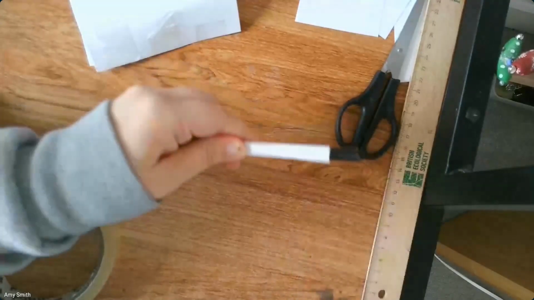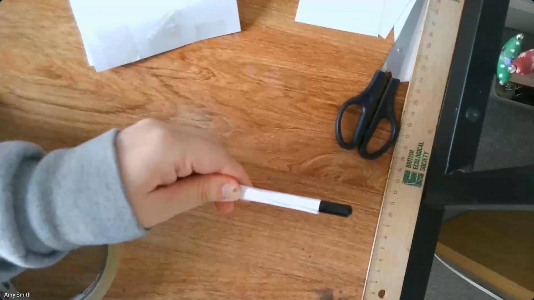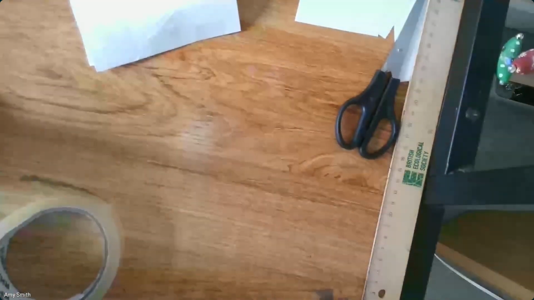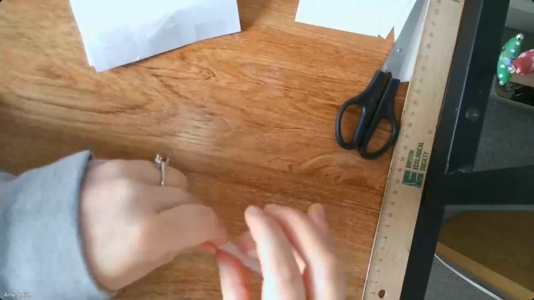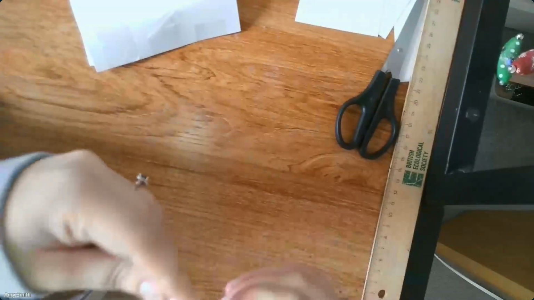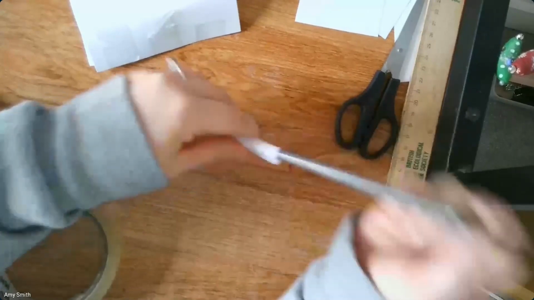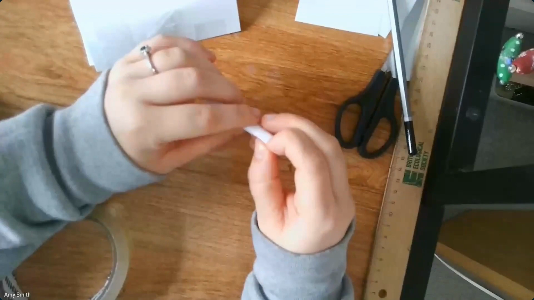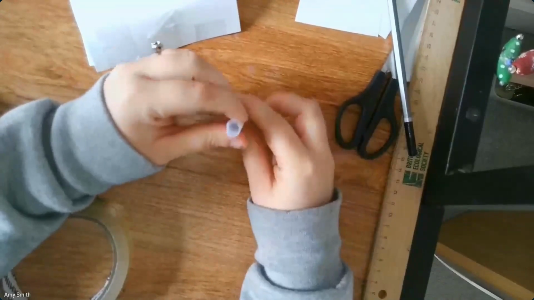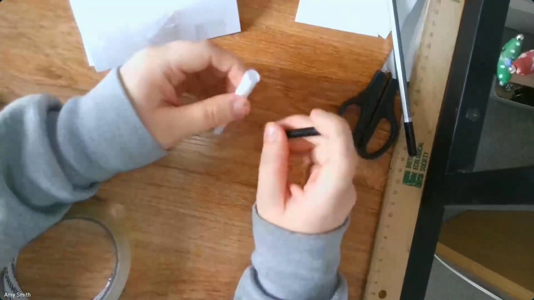If you see what I mean, I'm going to tape it while it's on here. Oh, goodness me, I've got tape stuck to me. And then we've got a mini straw anyway. You see, because then you can just take it off and we have a little straw. Cool. Okay, so you can either use a chopped straw or use your own little straw. We might need to cut it down later.